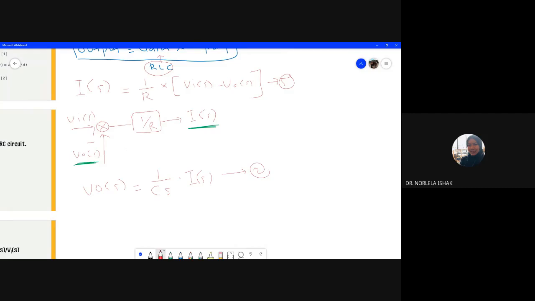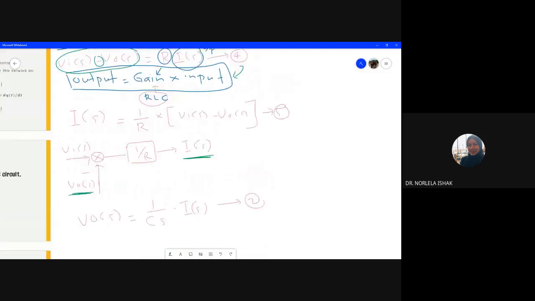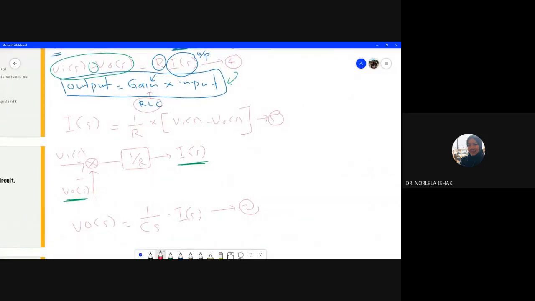From this equation, we already have a current here and we have E naught out here. So you refer back to the first block diagram. This current is your output from the block. Is it correct? Is it true? The current is your output from the block, is it?